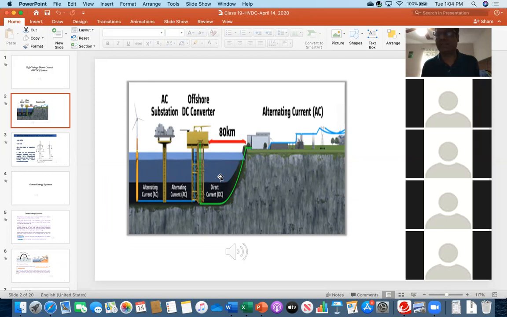There is no I square X loss. That is the motivation to use DC. And it is high voltage, so that you get high power, voltage multiplied by current, to match the required grid voltage. That's why this portion is high voltage DC, HVDC.